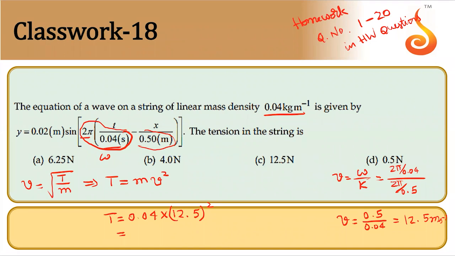So 12.5 square will be 156 point something, into 0.04. That will be 6.25 Newton. So first find velocity, then use the formula v is equal to root of T by m to find tension.